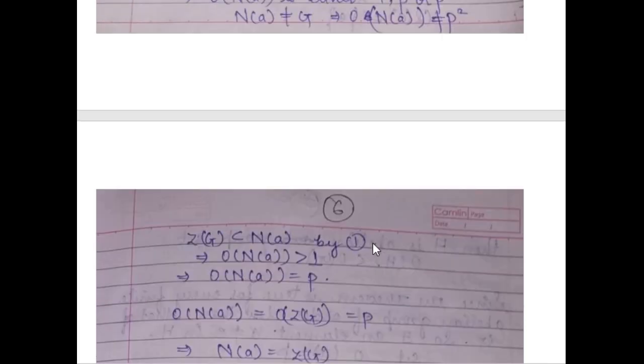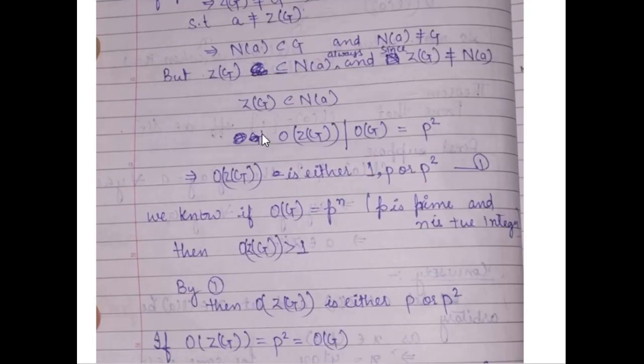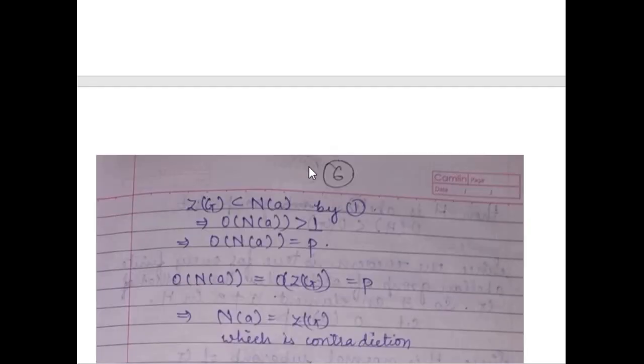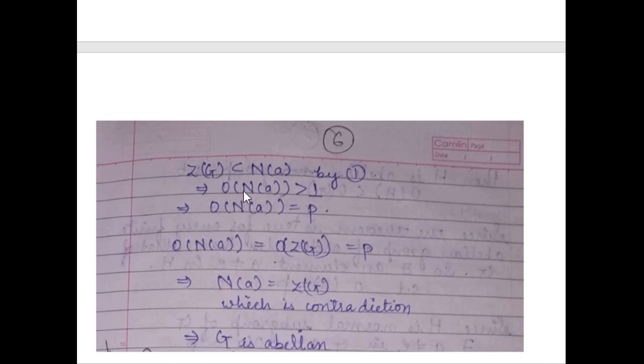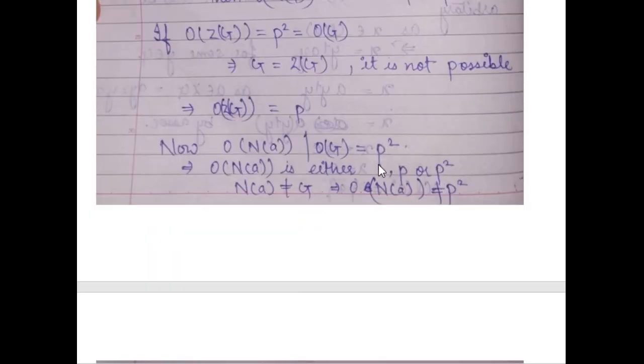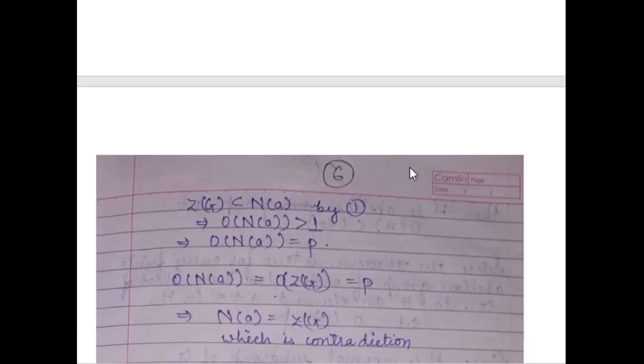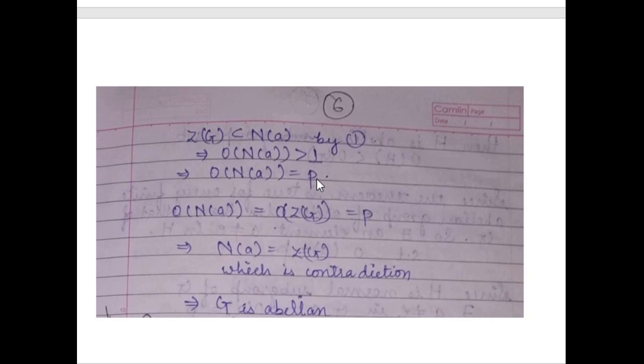We have already assumed that ZG is a proper subset of N(a). So ZG is contained in N(a), which implies the order of N(a) will be greater than 1. So it cannot be equal to 1, it cannot be equal to p square. So the only possibility left is that the order of N(a) will be equal to p.